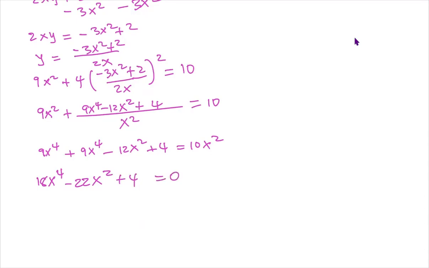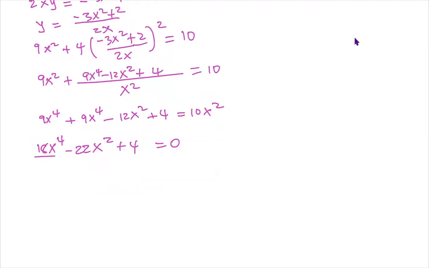And if we divide by 2, that turns into 9x to the 4th minus 11x squared plus 2 equals 0. Sorry, I keep saying squared for the 4th. Now we're going to solve this by the change of variable that we did earlier, or we can just factor.